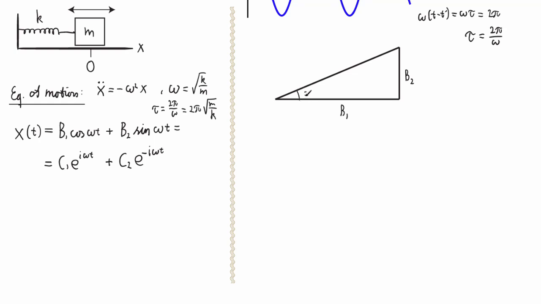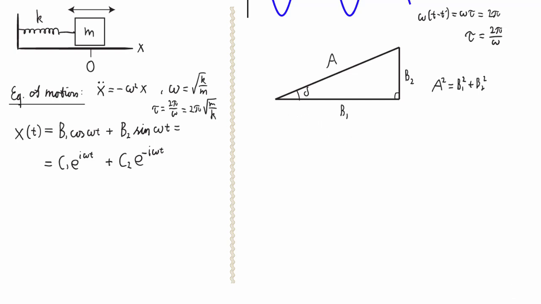I'm going to call this angle here delta, and I'm going to now suggestively say that a squared equals b1 squared plus b2 squared. So then the length of this side over here will be a, because this is now a right angle.